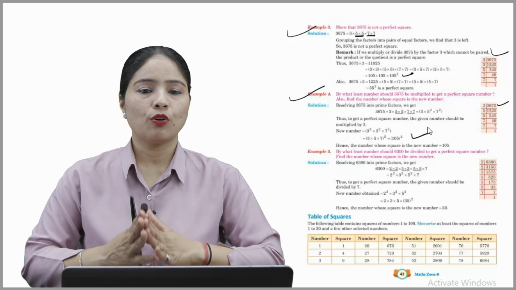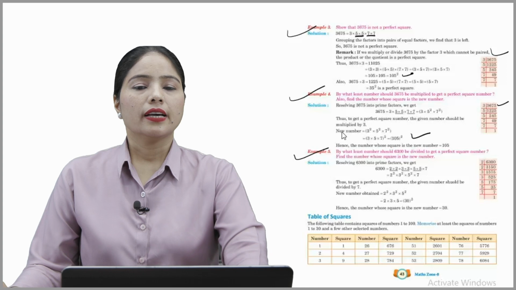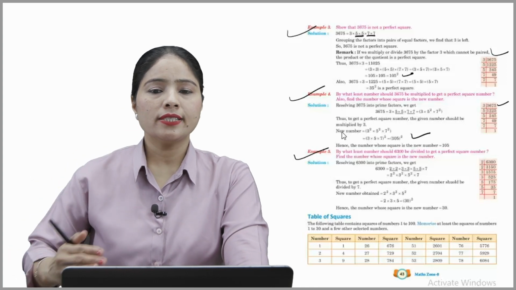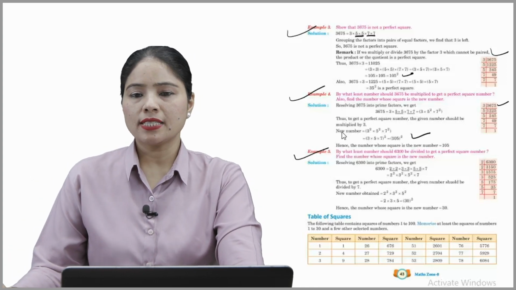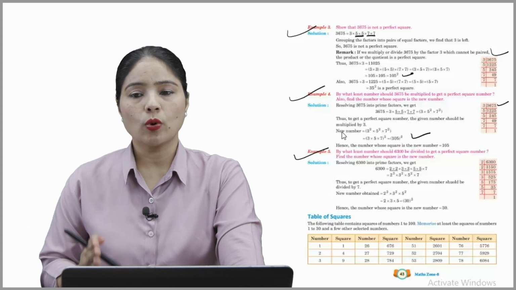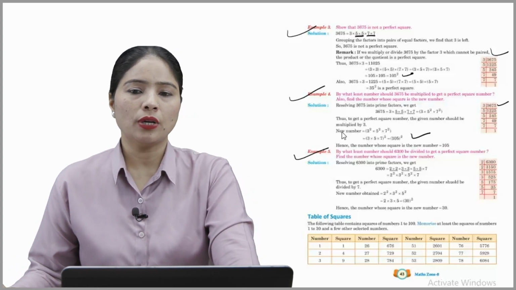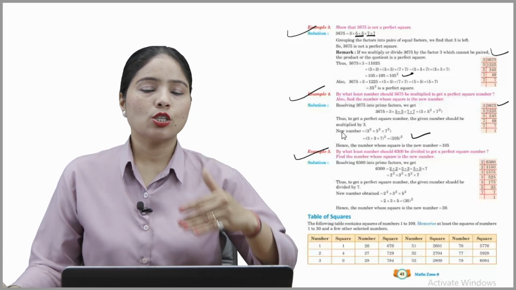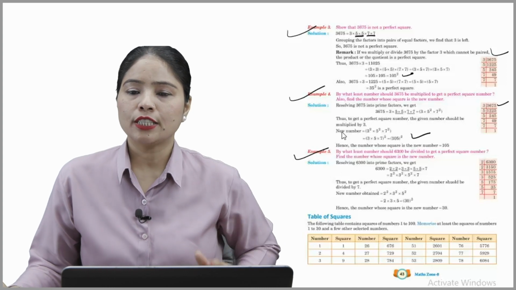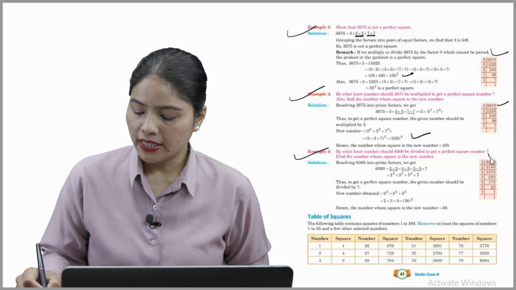So now move on, example 5. Here it is given, by what least number should 6300 be divided to get a perfect square number? Find the number whose square is the new number. So now resolving 6300 into prime factors, we get like this. हमने prime factor निकाले.